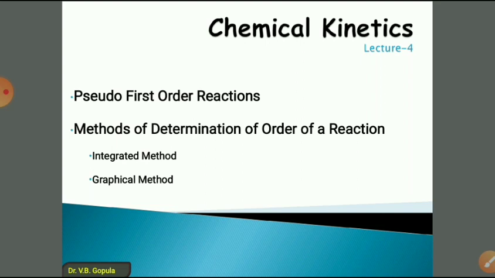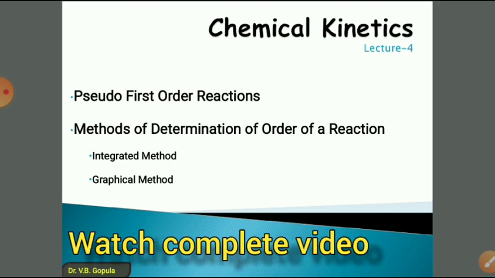Students, we are at the middle of this lecture series on chemical kinetics. We have completed first and second order reactions and their integrated rate equations. Also, we have seen their kinetic characteristics. If we particularly talk about second order reactions, we have studied only those with equal initial concentrations of reactants. At the beginning of this lecture series, we also studied the rate constant, order, and molecularity of a reaction.